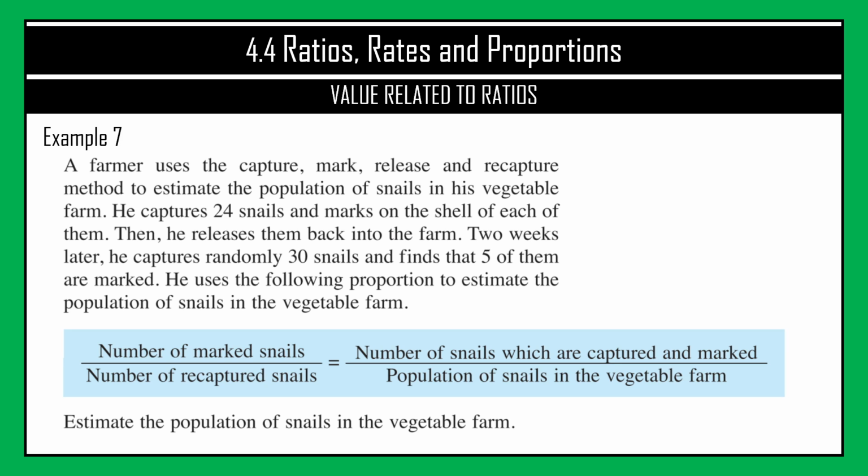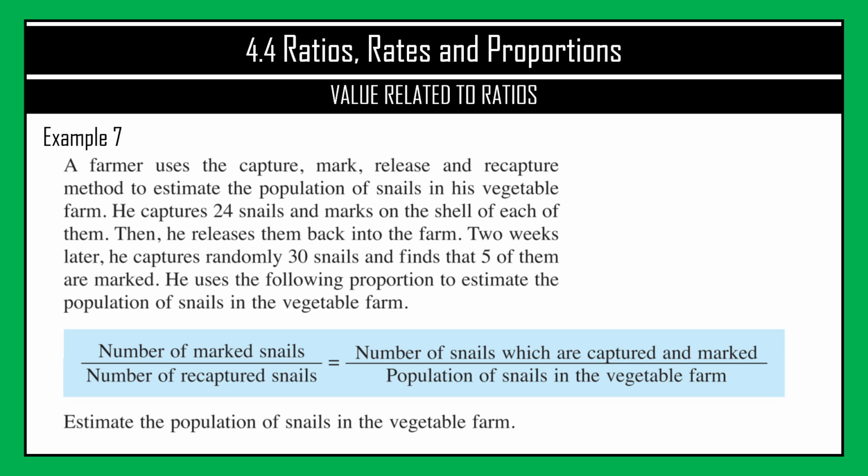Then he releases them back into the farm. 2 weeks later, he captures randomly 13 snails and finds that 5 of them are marked. He uses the following proportion to estimate the population of snails in the vegetable farm. Okay, and you see the formula given. The question asks us to estimate the population of the snails in the vegetable farm.